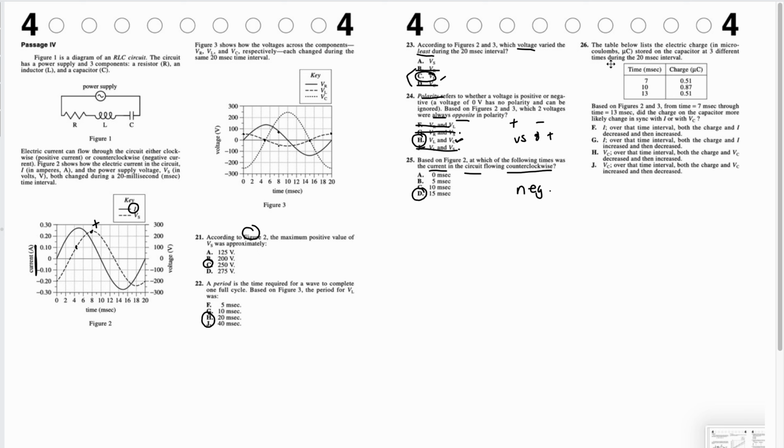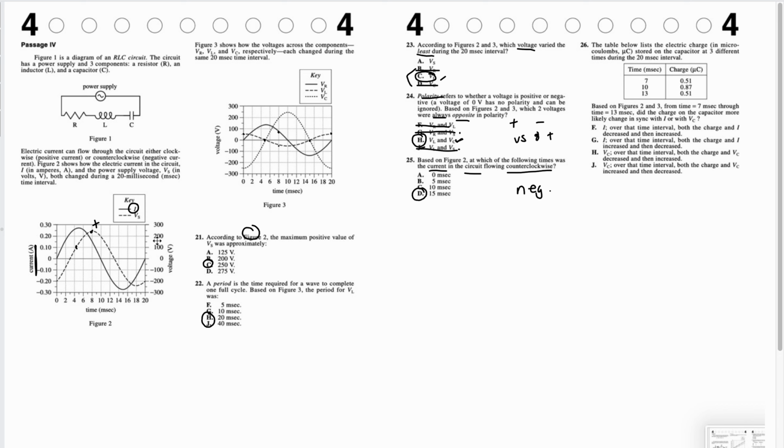Question 26. The table below lists the electric charge in microcoulombs stored at the capacitor at 3 different times during the 20 millisecond interval. Based on figures 2 and 3, from time t equals 7 through t equals 13, so we have 7, 10, and 13, did the charge on the capacitor more likely change in sync with I or VC?